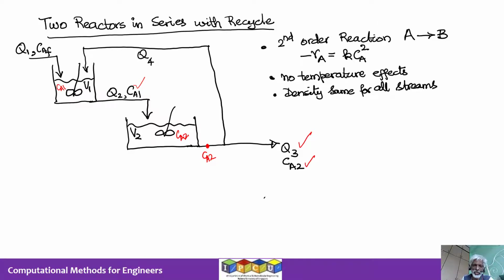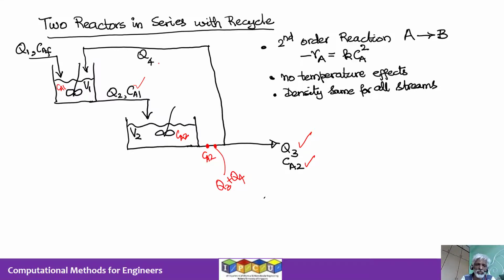So if Ca2 is the concentration of the product stream from the reactor, then Ca2 should be the concentration of A inside the second reactor. And the flow rate out of the second reactor at this point should be Q3 plus Q4, out of which Q3 is drawn out as the product and Q4 is recycled back.